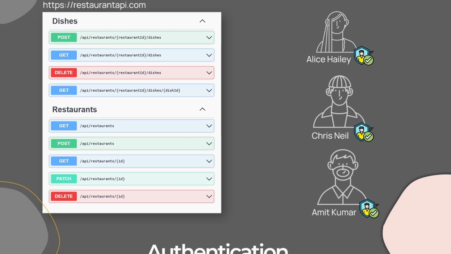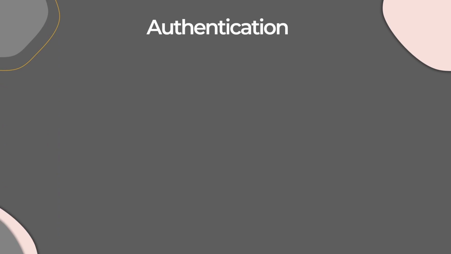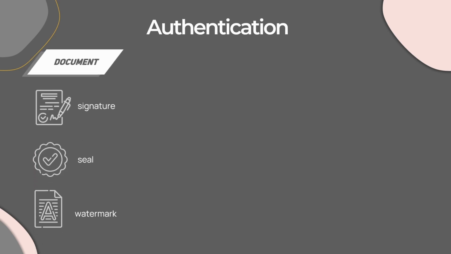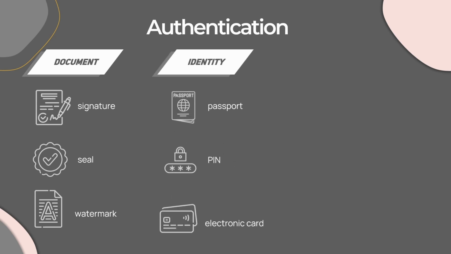Authentication is a fairly general concept that refers to many areas in our lives, and depending on the communication channel, different methods and authentication protocols are used. For example, for paper documents, it may be a signature, seal, or a watermark which gives the document its authenticity. In the case of verification of the identity of a person, for example when entering a building, verification is carried out by using some identity documents, PIN code, or some electronic cards.